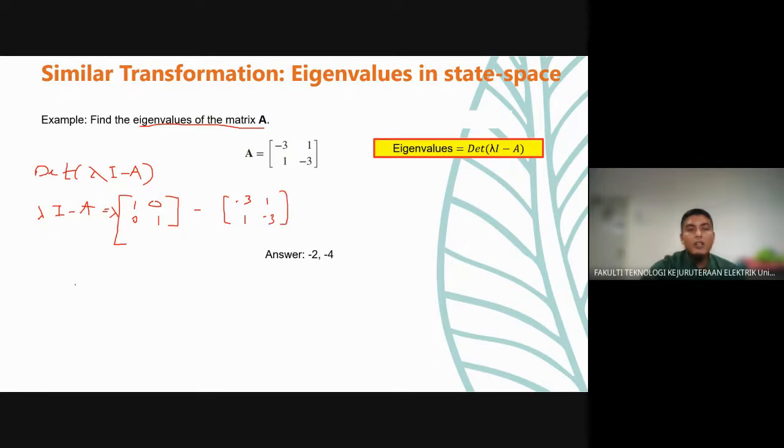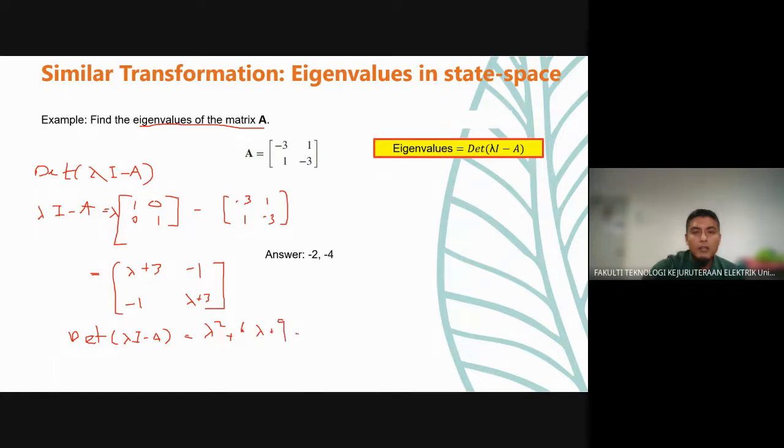After that, you solve lambda I minus A, you get lambda plus 3, negative 1, negative 1, lambda plus 3. Then you calculate the determinant of lambda I minus A. The answer is lambda squared plus 6 lambda plus 9 minus 1.